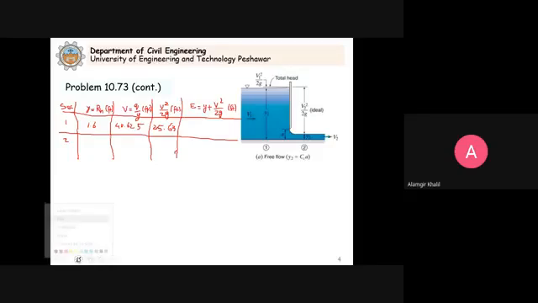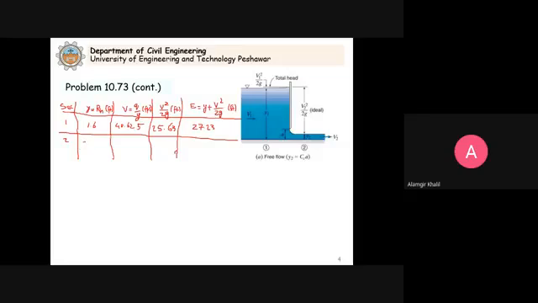So this specific energy will come out to be 27.23.